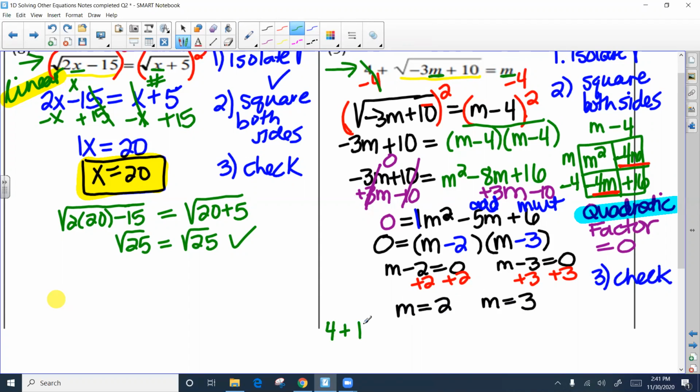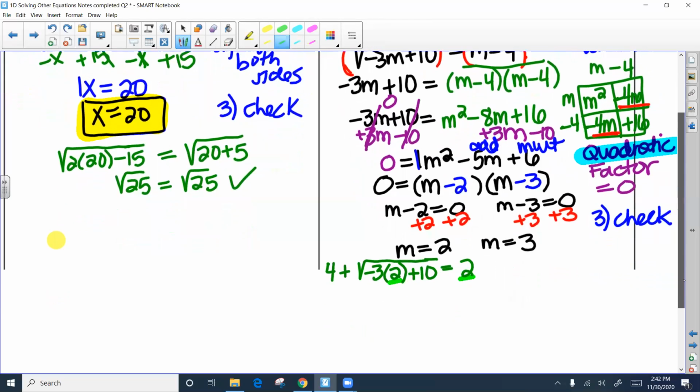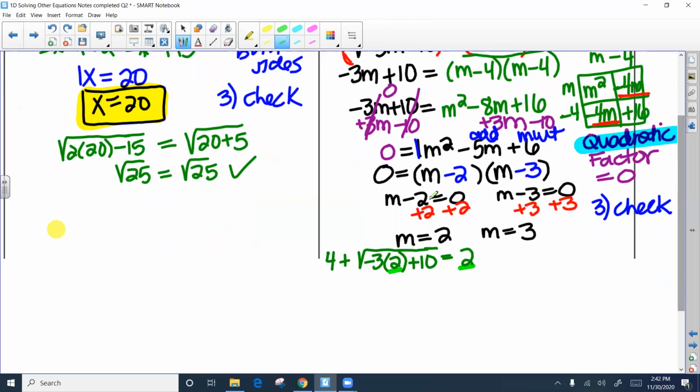4 plus square root of -3 times 2 plus 10 equals 2. Okay. So I plugged in the m for both places there's an m. Now I want to check if that one works. I can use the calculator if I want.